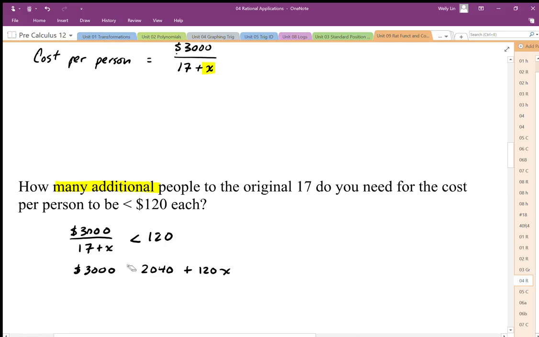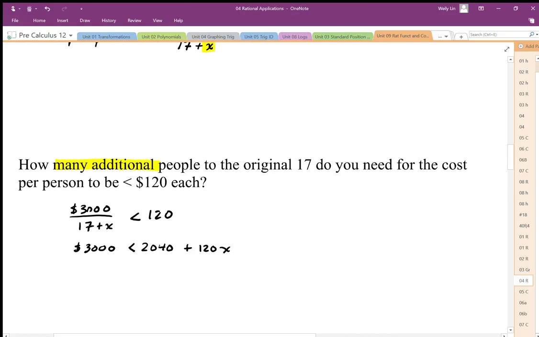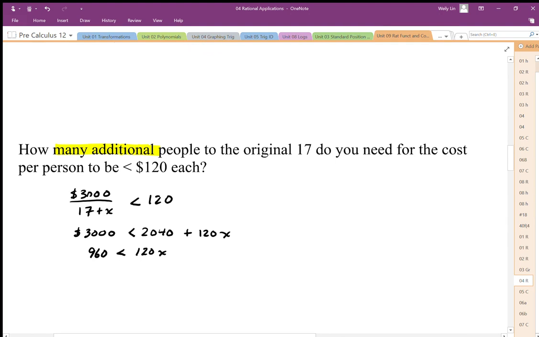Okay, I shouldn't write this as an equal, I should keep it as an inequality, but we solve it just like equals. So we end up with 3,000 minus 2,040 is going to give us 960, and we have 120x. Okay, these units, I'm just going to take out because these units are not necessarily correct.